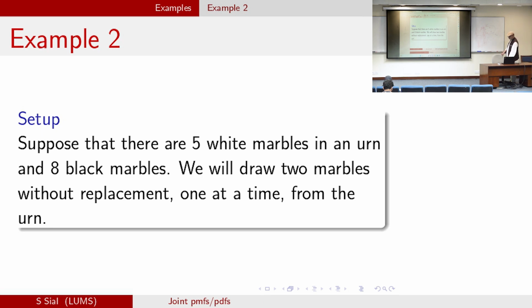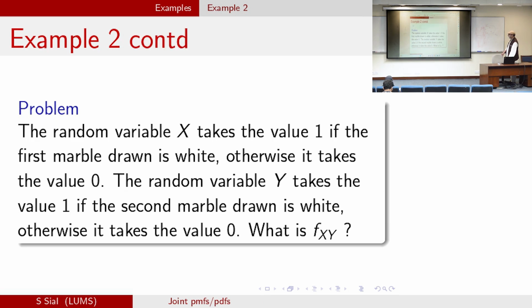Let's define 2 random variables, which will take values once the experiment is done. The random variable X takes the value 1 if the first marble is white, otherwise it takes the value 0. The random variable Y takes the value 1 if the second marble is white, otherwise it takes the value 0.